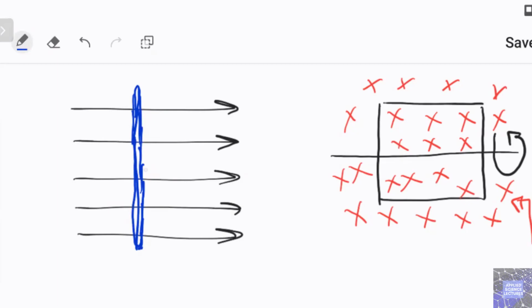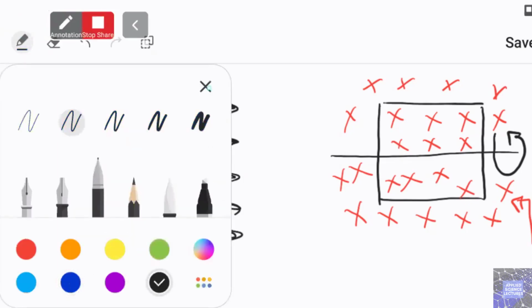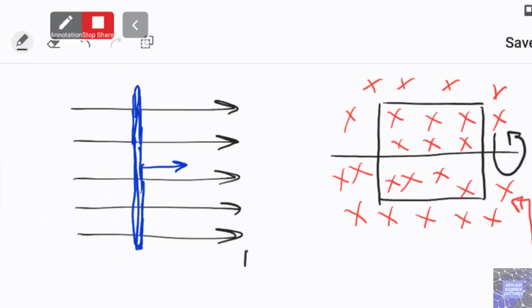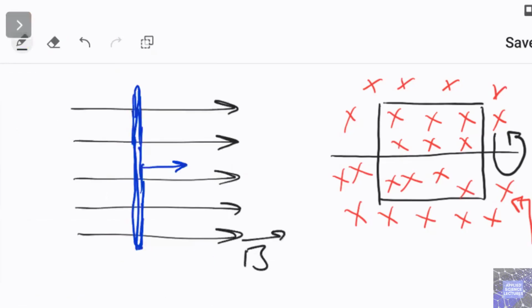While its unit vector is in this direction. So this is B. Okay.